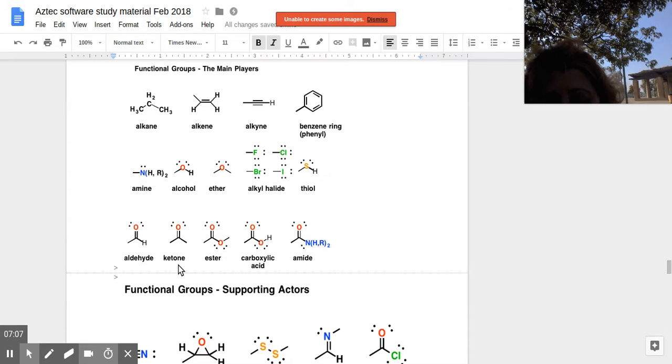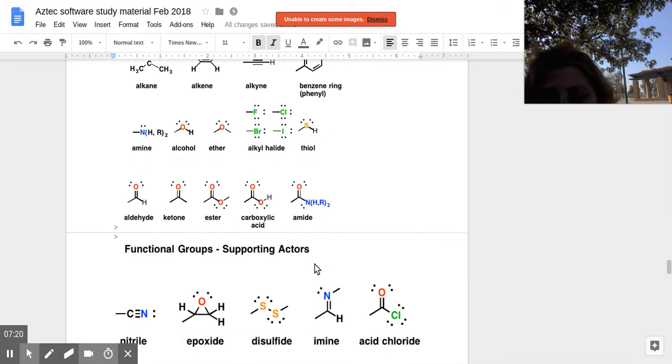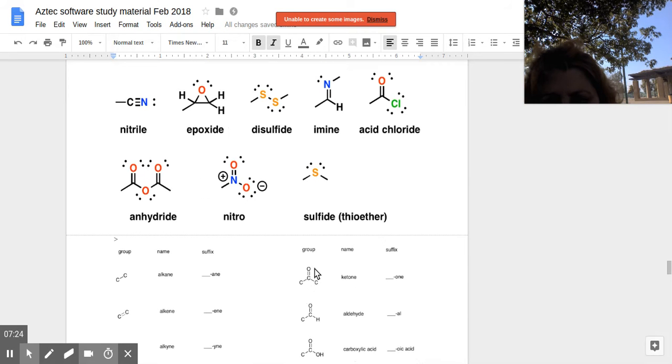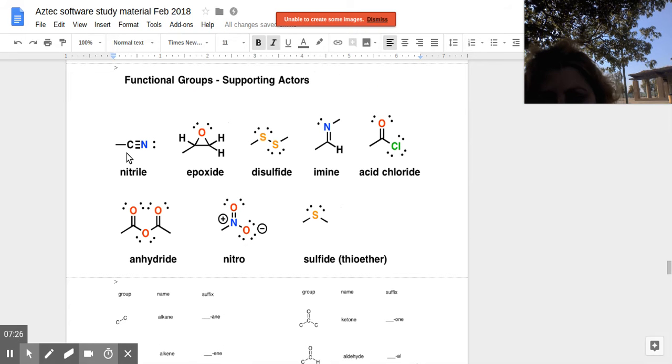Aldehyde, ketone. Ester has 2 oxygens. Carboxylic acid as well, 2 oxygens. Amide, another nitrogen group. So nitrile, triple bound nitrogen. Epoxide has oxygen.